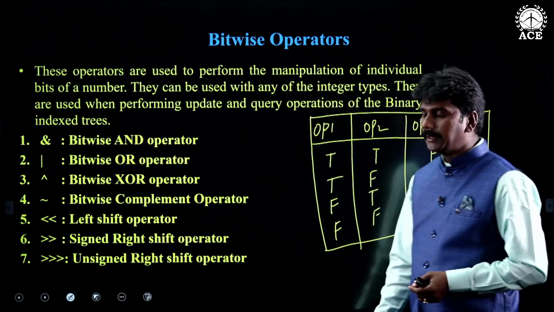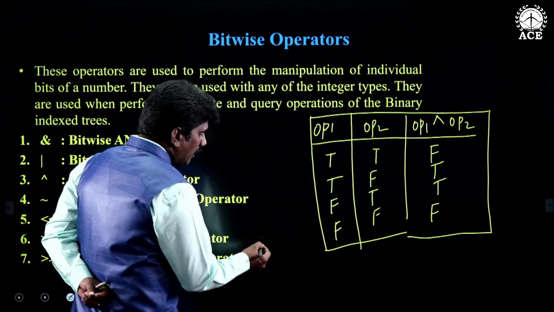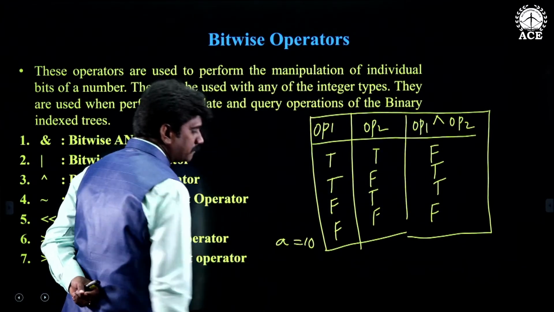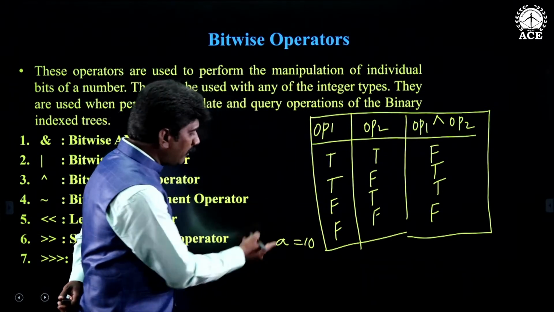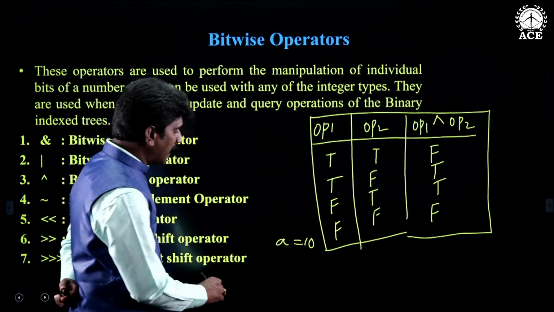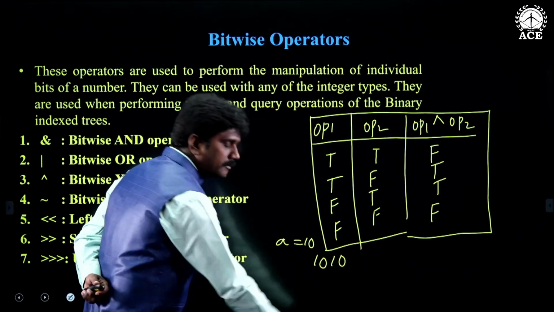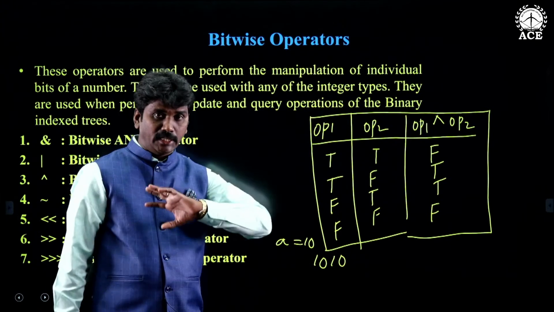Left shift operator. Suppose we take A is equal to 10. Here I have the decimal value A is equal to 10. If I convert it into binary format, it is going to be 1010. As we know, an integer contains 32 bits.